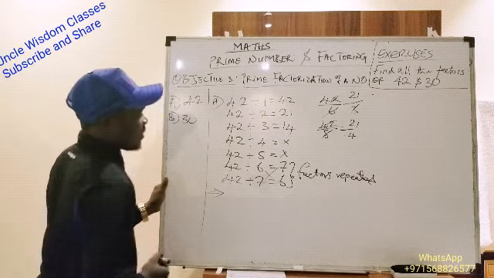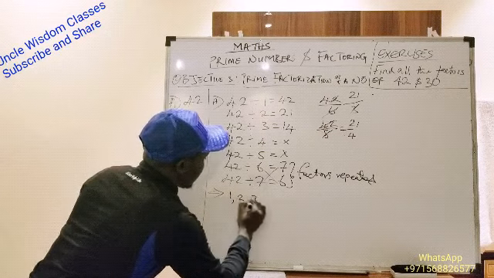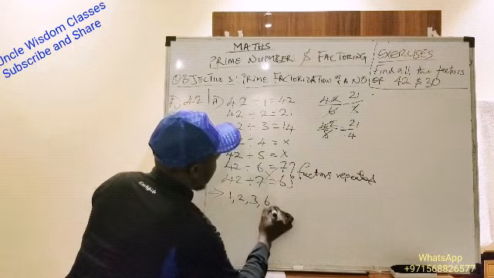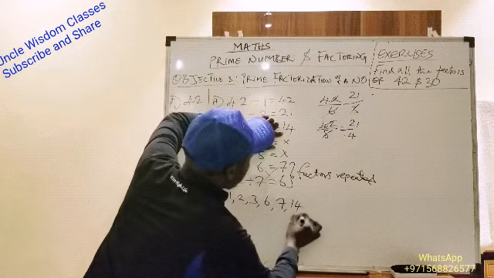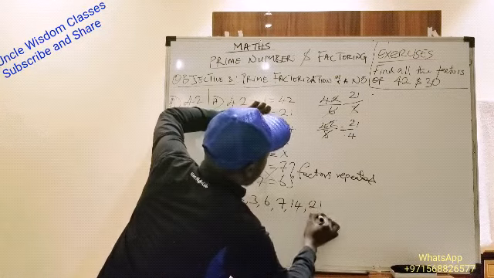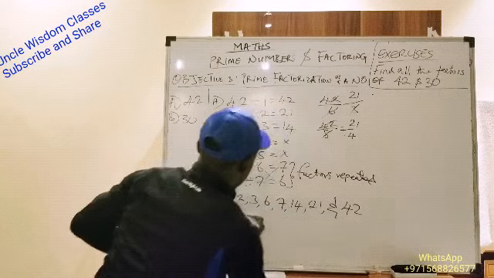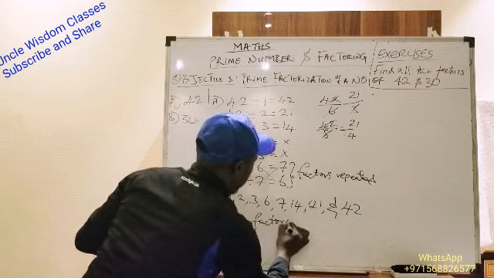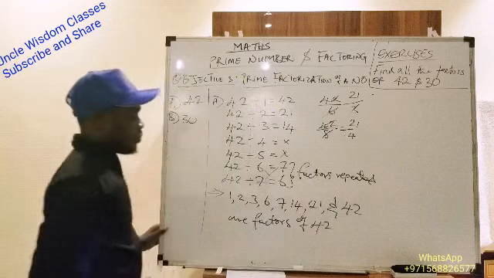That implies that 1, 2, 3, 6, 7, 14, 21, and 42 are factors of 42.